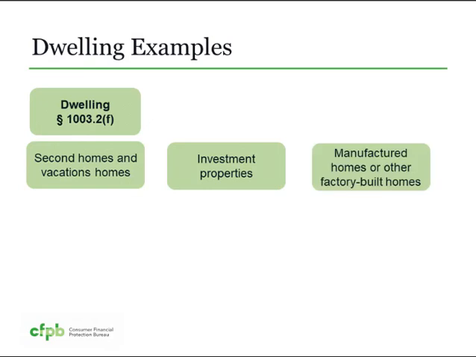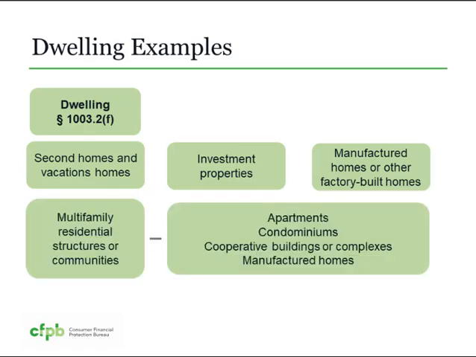A transaction related to a manufactured home community is secured by a dwelling under Regulation C, even if it is not secured by individual manufactured homes, but only by the land that constitutes that manufactured home community, including sites for manufactured homes. Multifamily residential structures or communities, such as apartments, condominiums, and cooperative buildings or complexes, or manufactured homes.